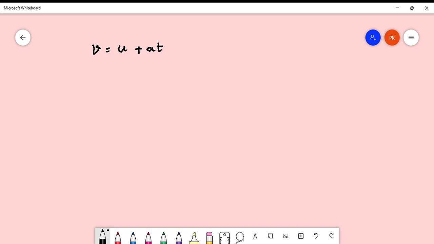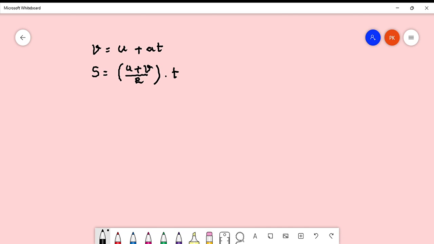The next one is S is equal to U plus V divided by 2 into T, where what is U plus V divided by 2? That is the average velocity multiplied by the time.